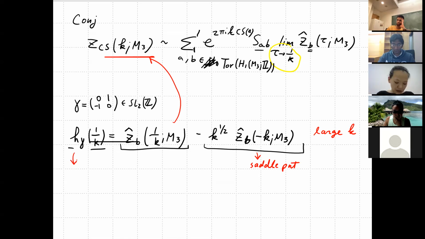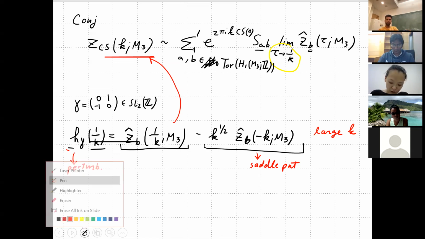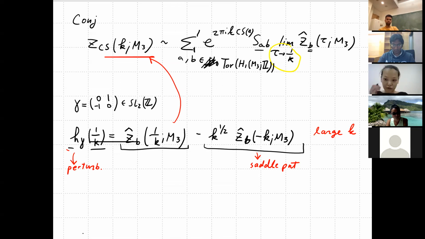And this part is going to be some perturbative part. If it's perturbative in 1 over k, then of course we expect it to be nice, continuous, real analytic, and so on. That's why we expect Z hat to be quantum modular forms, even though they have no reason to be modular forms a priori.